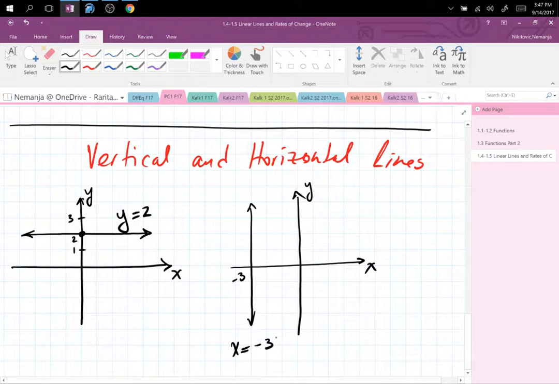Again, observe there is no mention of y in that equation because y assumes all of the values from negative infinity to positive infinity. X is fixed to be negative 3. I can move this to negative 1. It's no longer negative 3, right? So I can move it somewhere else, but it becomes a different function. So only y values for the vertical situation, right?